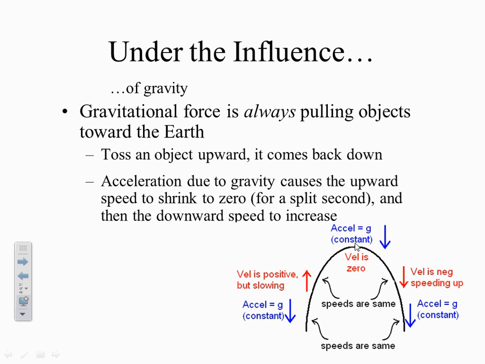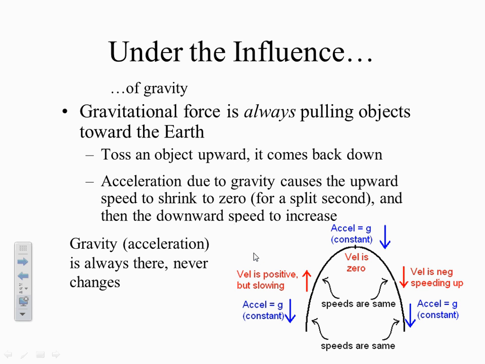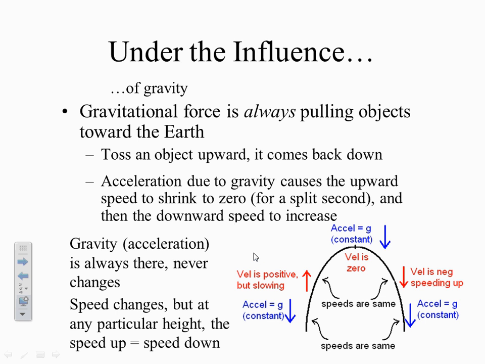The velocity here is 0 for a split second. Acceleration is not 0 here. It's always 9.8 downwards for an object in free fall. Okay. Good. Now, this is making basic assumptions.